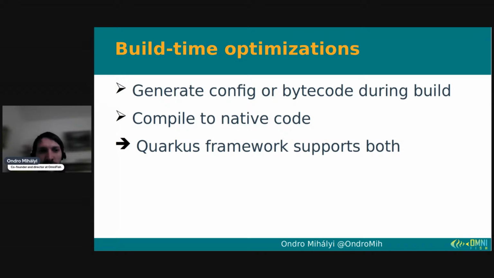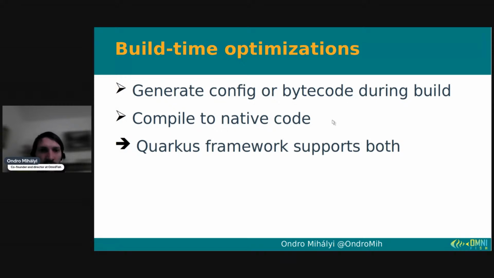And it requires just simple configuration switches to switch from normal Java execution to actually compiling to native code, and then you can run the binary. It requires some changes in how you deploy the application, because then you have to deploy it in a custom runtime. But this is also nicely supported by Quarkus framework, and it helps you with preparing all this.